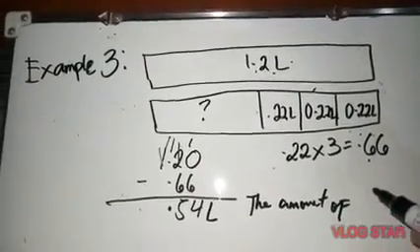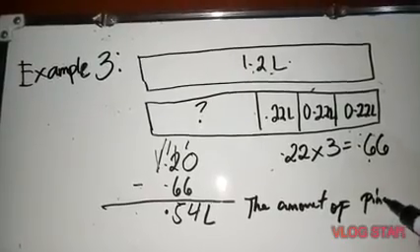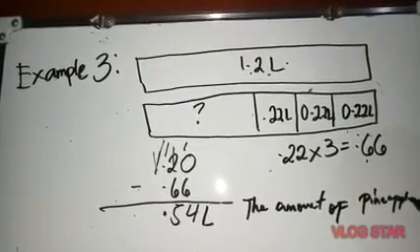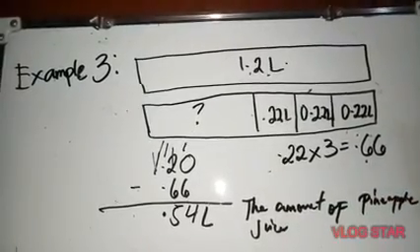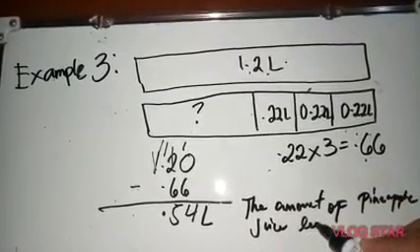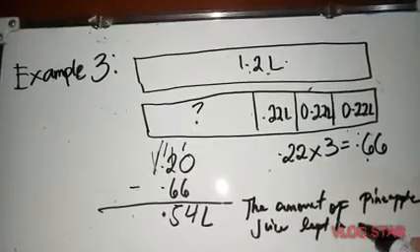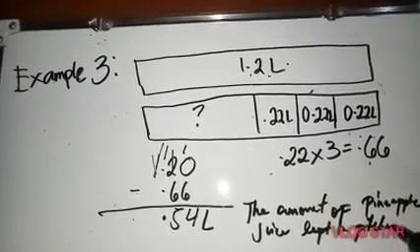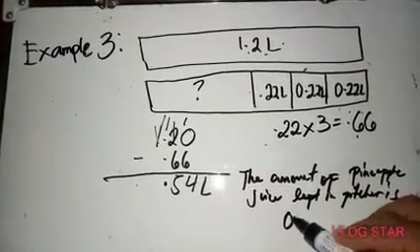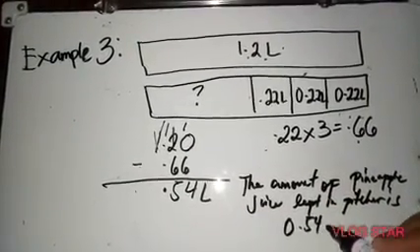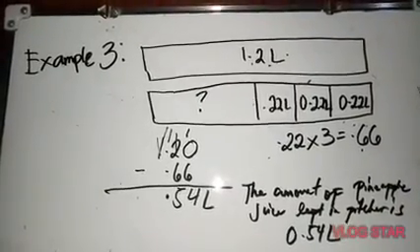So the amount of pineapple juice left in the pitcher is 0.54 liter.